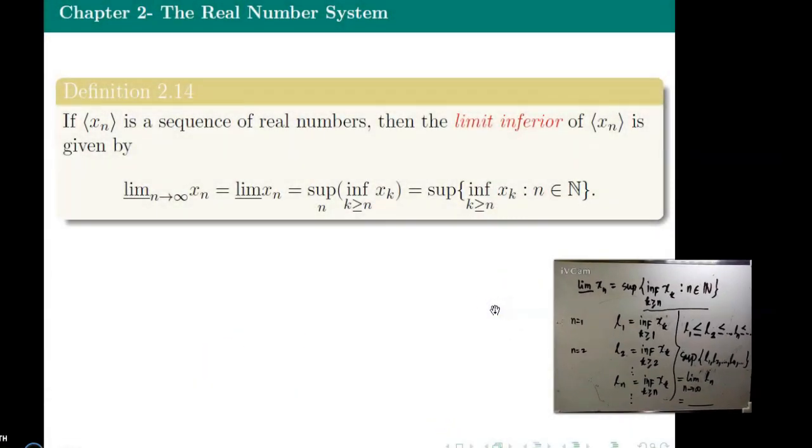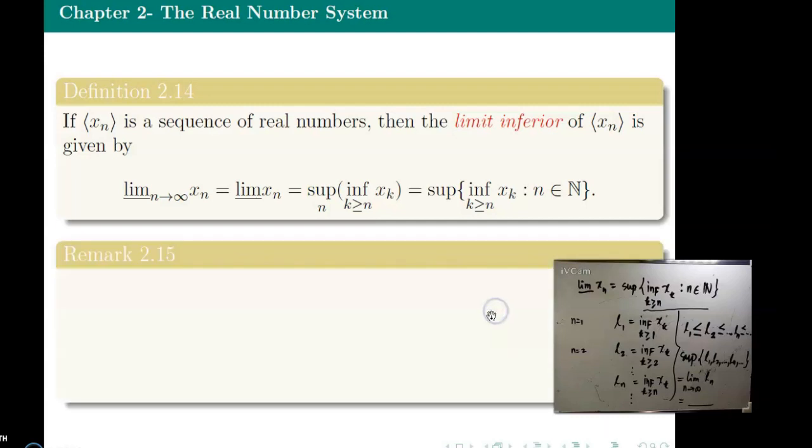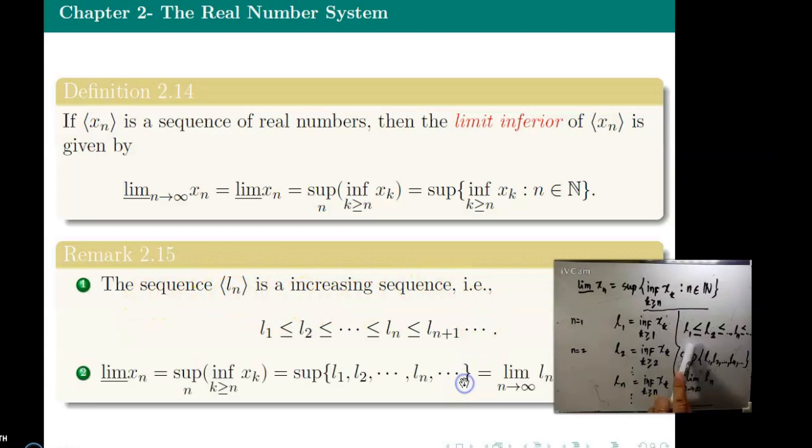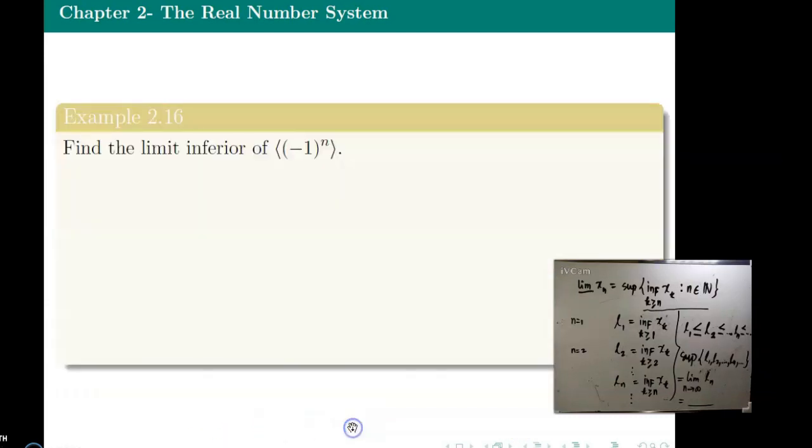So let's consider the remark here. Of course, the sequence is increasing here, and the limit superior is this one, as illustrated a while ago. So let's have an example.